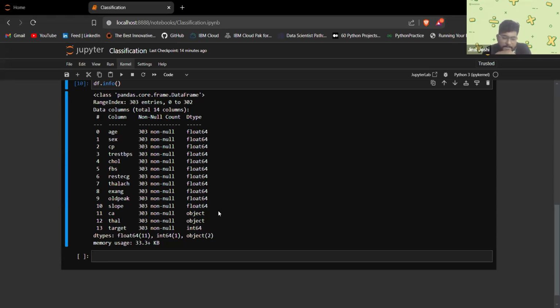See, both these columns are object, right?